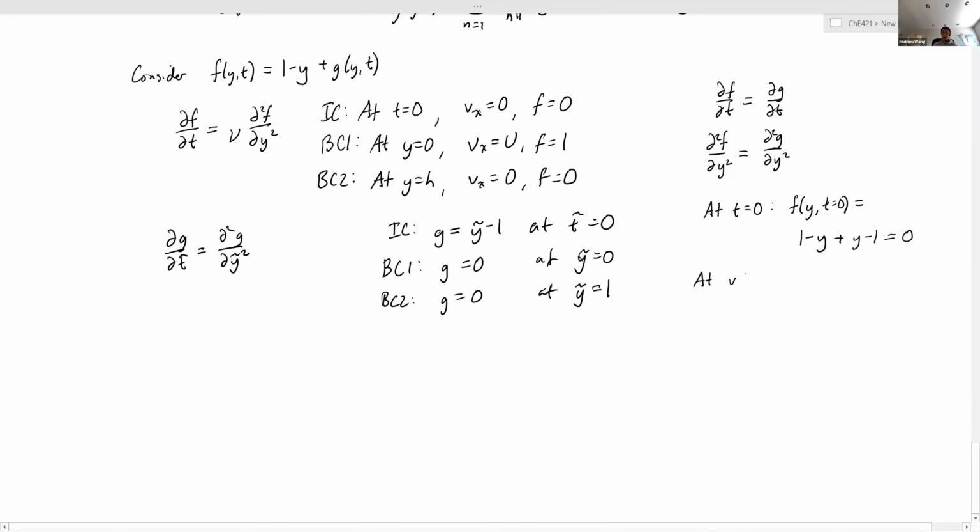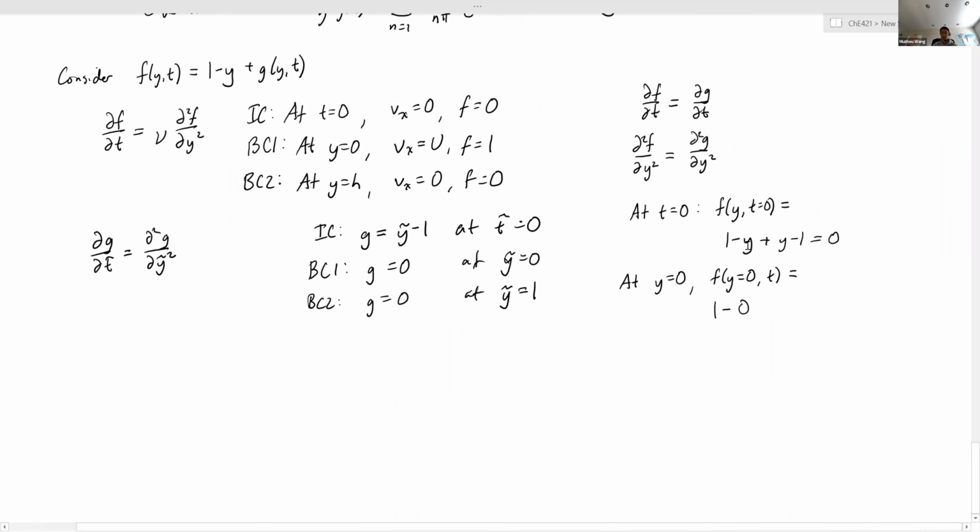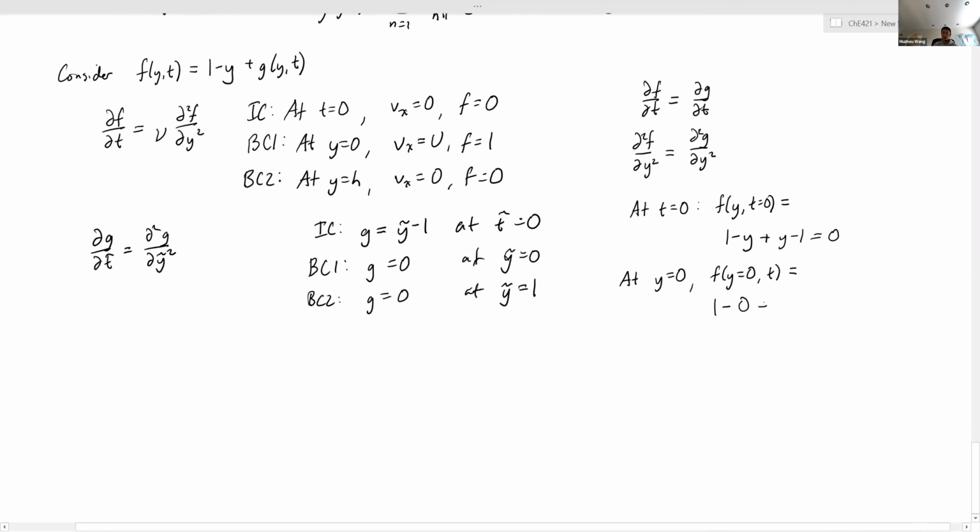At a position y equals 0, f at y equals 0 is just equal to, well, 1 minus 0, sorry, 1 minus 0, because y is equal to 0, plus g evaluated at y equals 0, and that's equal to 0. Okay? And so therefore that's equal to 1.